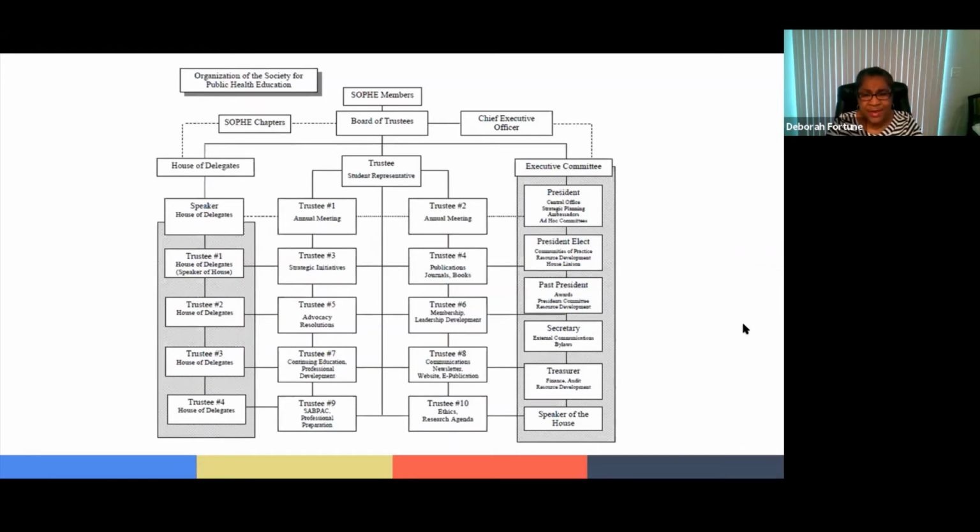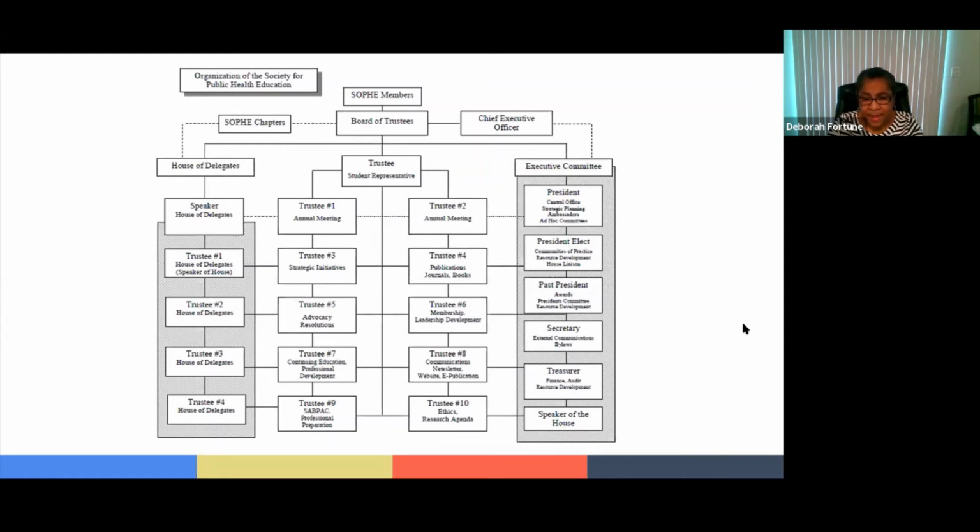Some of the writing you can't see very well, because on the Executive Committee there are responsibilities for each person, and I can try to explain. The president is the central office, strategic planning, administration, and also ad hoc committees. The president-elect is a liaison to the House of Delegates, as well as chairs the Resource Development Committee.